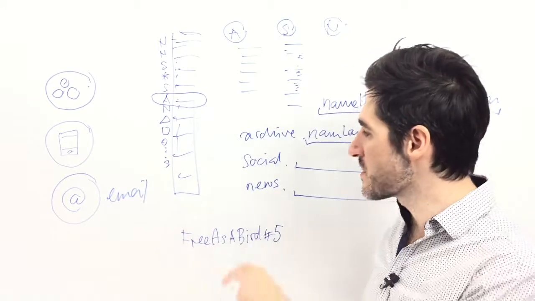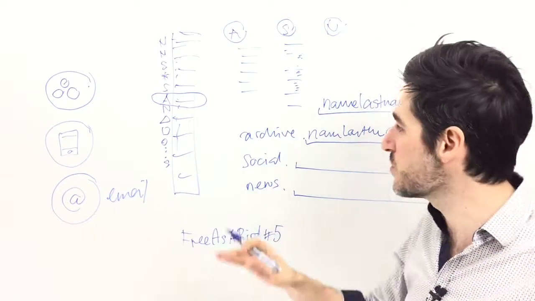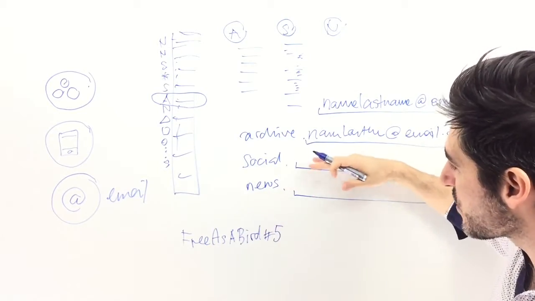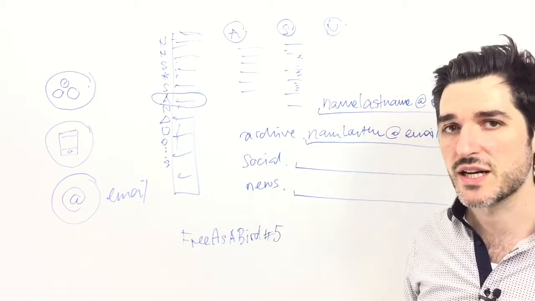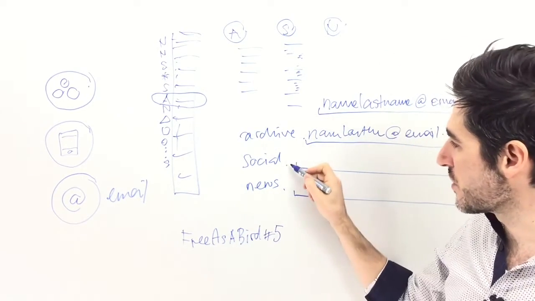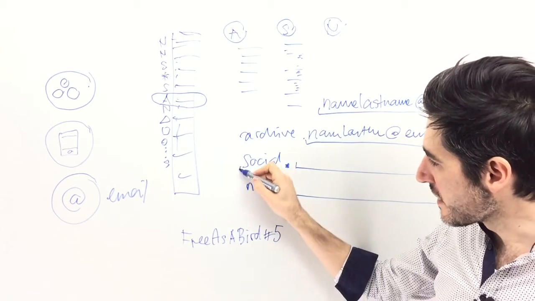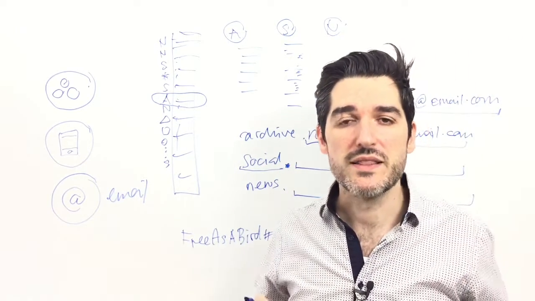Meaning, as an example, you have your Facebook account and you want all your Facebook emails to go to your social account, then you have to go to Facebook and change your email by writing social dot in front of your email, and then done.